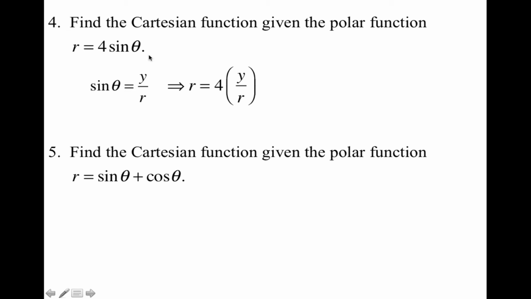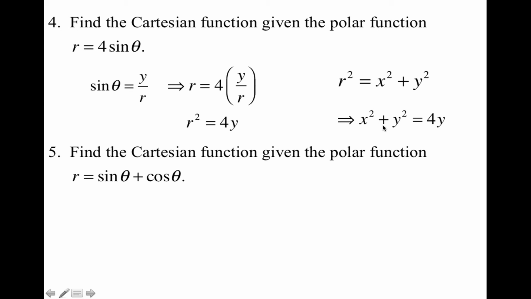Notice I replaced the sine theta with y over r. Now I'm going to go ahead and simplify this a little bit. So I get r squared equals 4y. Well, notice I have an r squared still sitting here. But I know that r squared is equal to x squared plus y squared. So therefore, I can substitute in x squared plus y squared in place of r squared to give me a function of x squared plus y squared equals 4y.